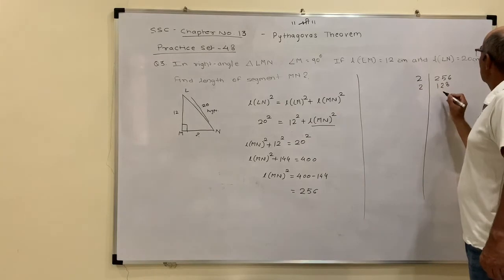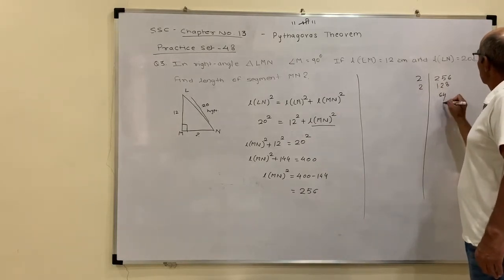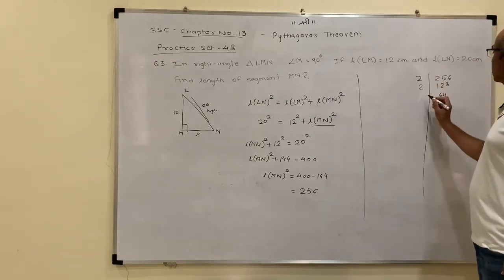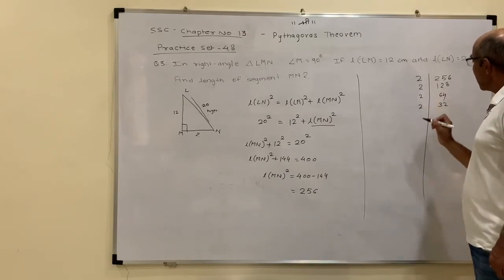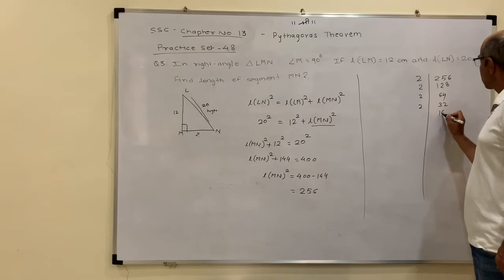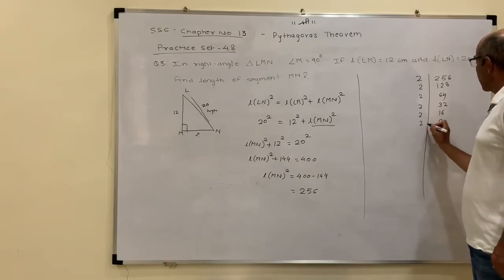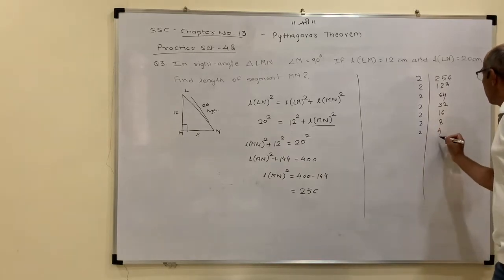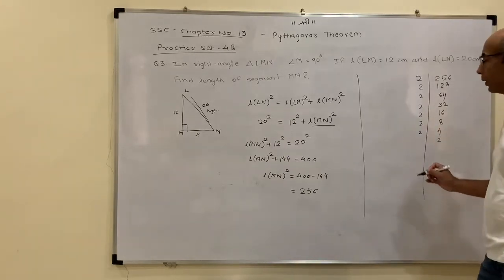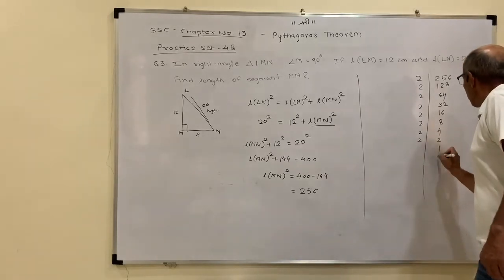Then 2 sixes are 12, 2 fours are 8, 64. Then 2, 32. Then again I divide by 2, it comes out to be 16. Then again I divide by 2, 8. Then again 4. Then again 2. Then again, 1.